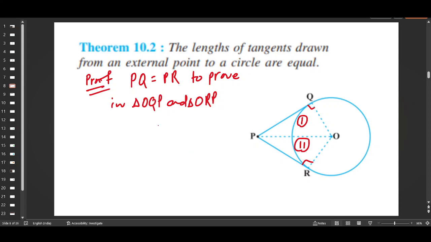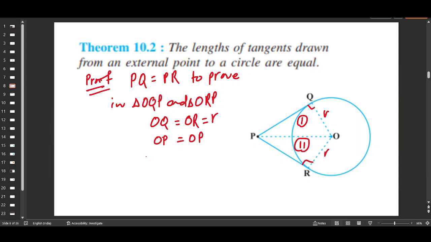So OQ equal to OR. Now the second point is OP of this triangle and OP of the other triangle. OP and OP, this is common.